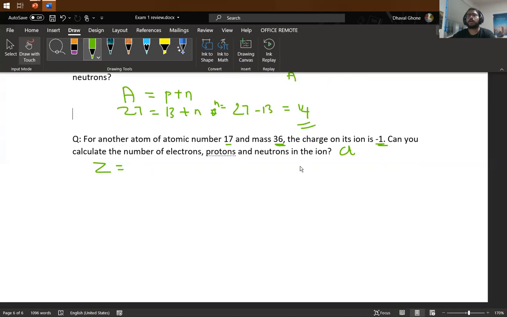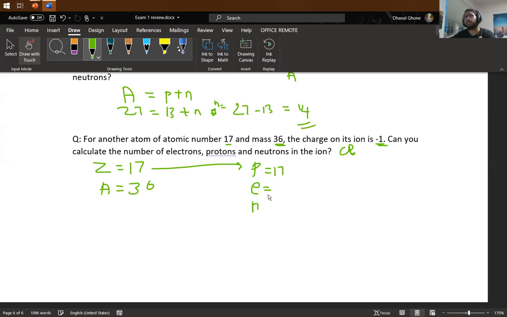Okay. I'm going to start solving the question now on my own, and then you cross-check how you did it. We said Z, your atomic number, is 17, and the atomic mass number, which is protons plus neutrons, is 36. We asked for P, E, and N. We can say Z equals the number of protons, so 17 right away.